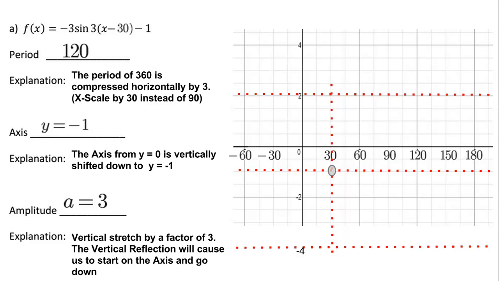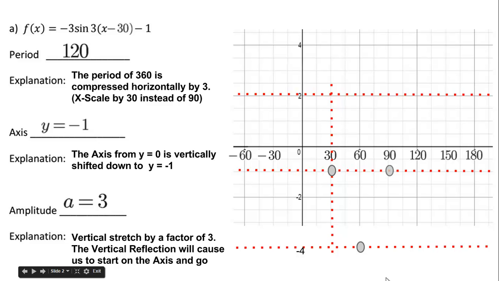Our first point starts on the middle line because it's a sine curve. And then our second point is actually down from there because it's a vertical reflection. If this negative wasn't up there, we would go just like the sine curve: the sine curve starts and goes up, but we're going to reflect it, so we're going to start and go down.